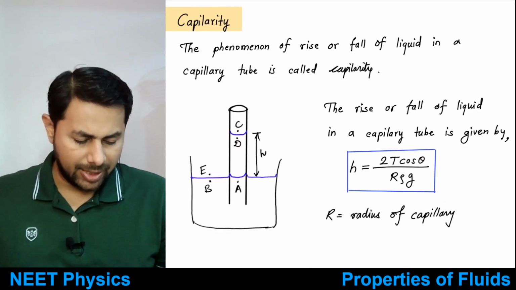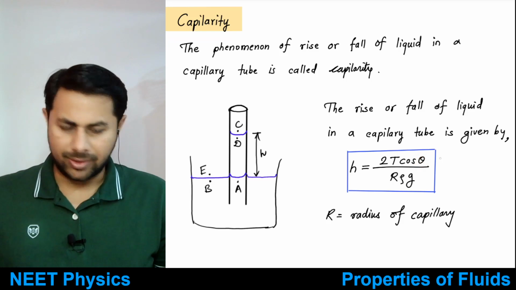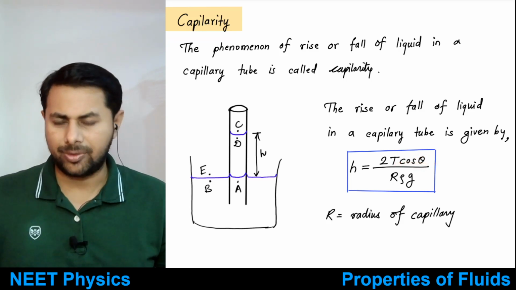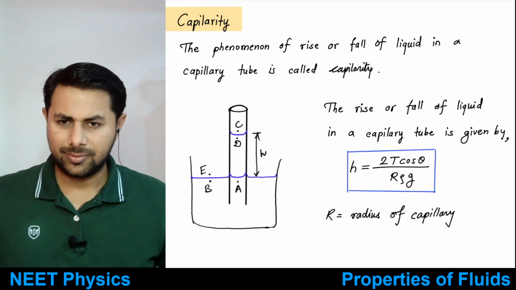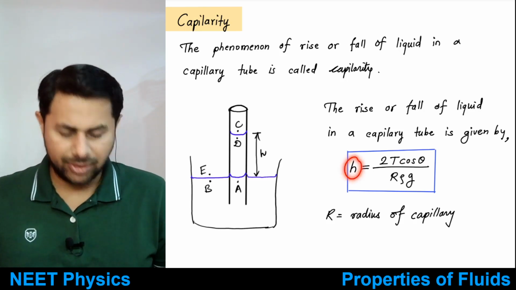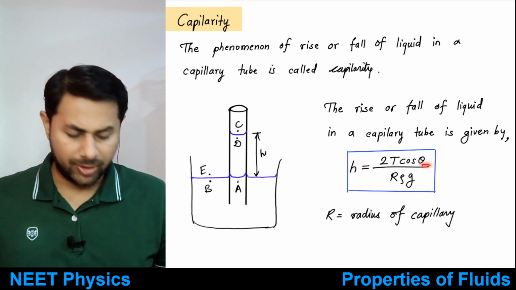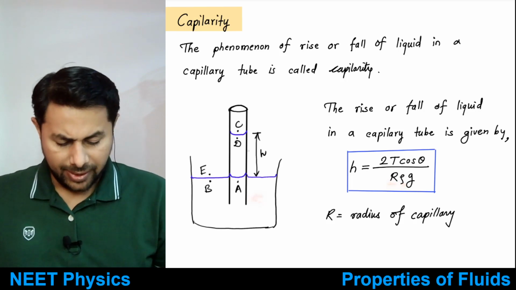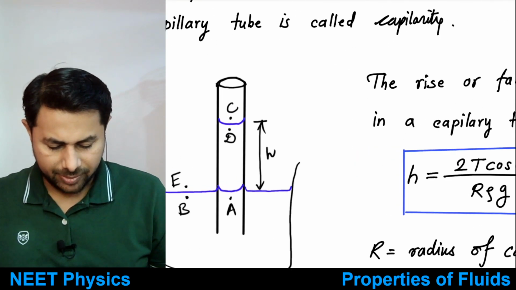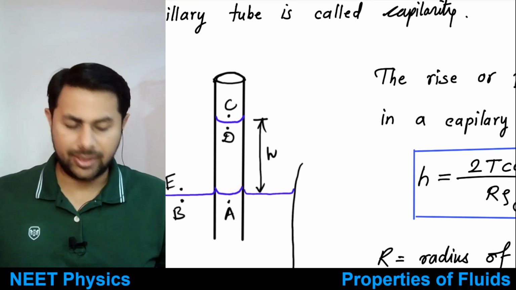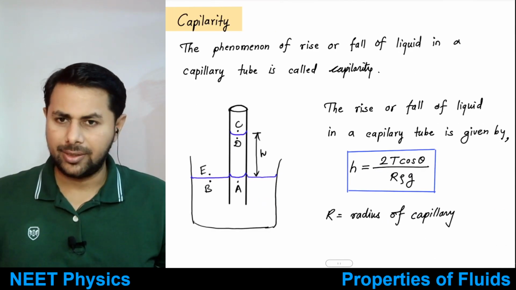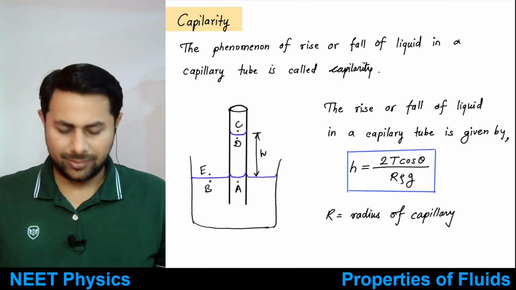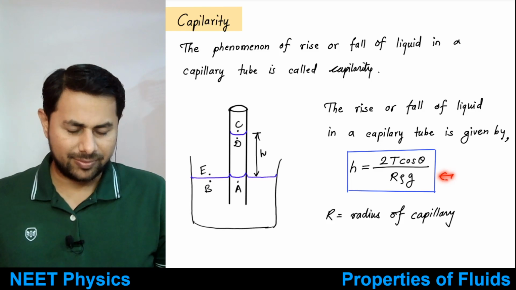If that angle of contact is acute, cos theta would be positive. If it is obtuse, it would be negative. That's why H would be positive or negative depending on that, divided by R rho g. Rho is the density of the liquid, and R is the radius of the capillary tube. This thing is clear. We need to remember this formula.